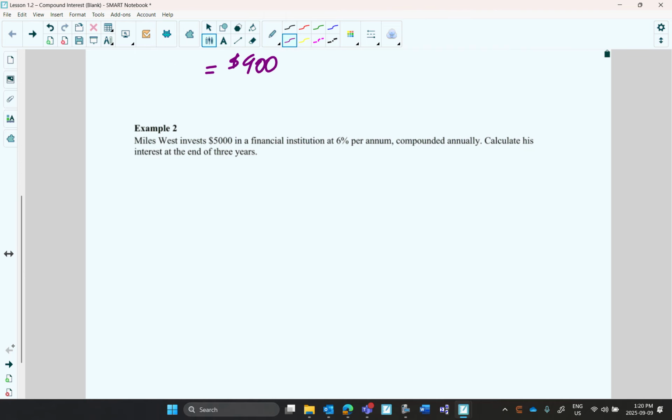Almost the identical question, except it says compounded annually. That means we're going to do a slightly different thing. We're not using the simple interest formula.